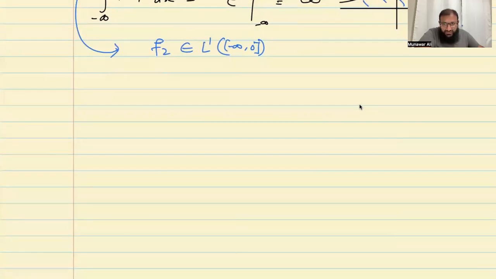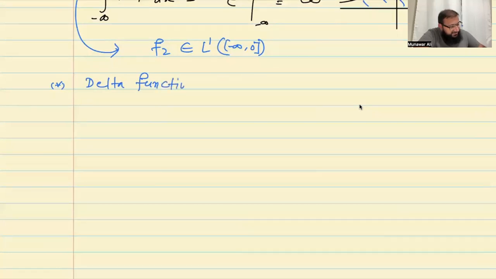Next, I have to do the previous example that I mentioned about the weak derivative of a function. But before that, I'm going to define what we call a delta function. This delta function is really important. It's not a function, it's a functional.